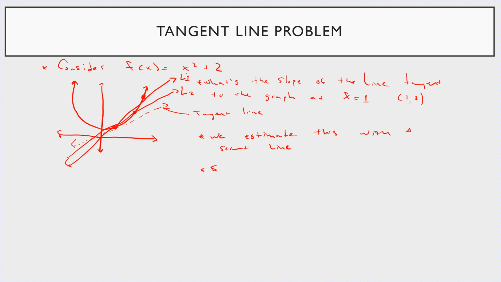And so remember our slope, m, is equal to the change in y over the change in x, okay? But what you're going to do is you're going to pick points that get closer and closer and closer and closer.